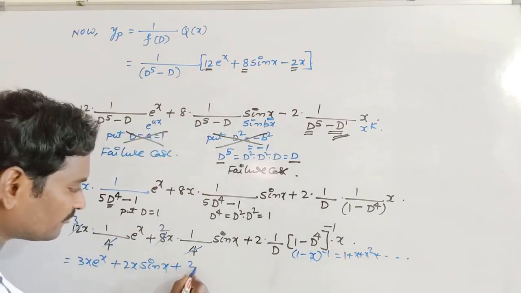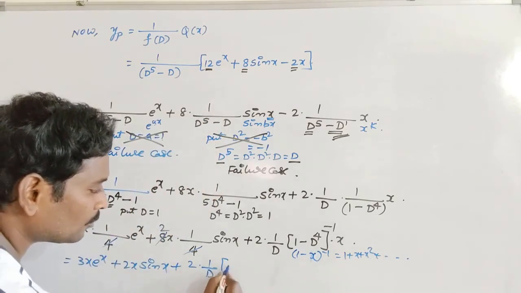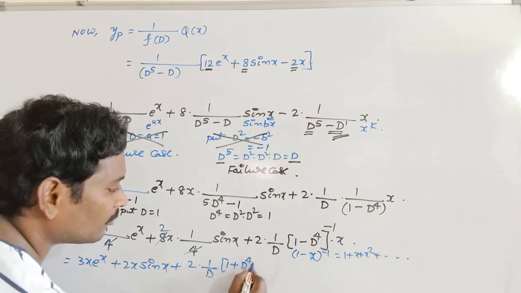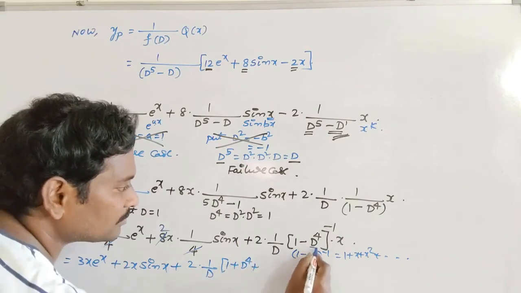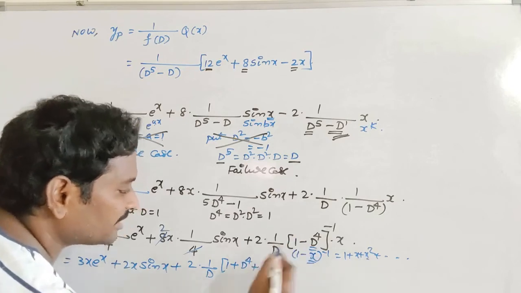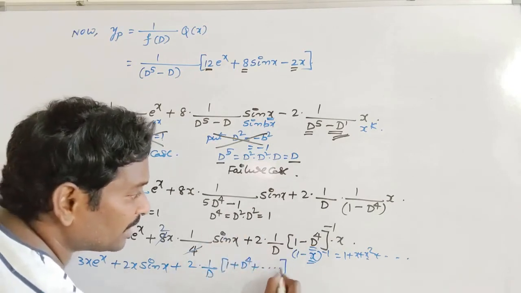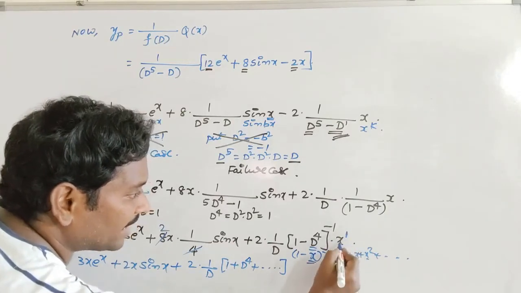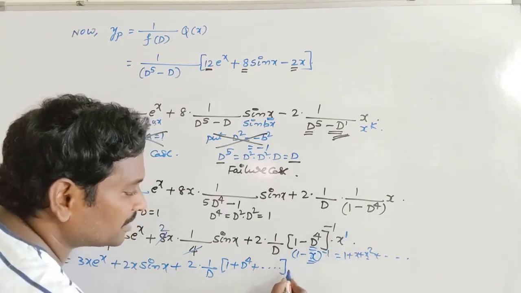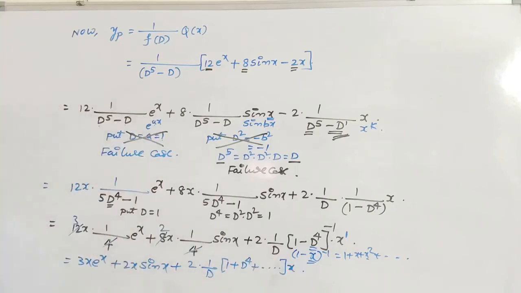So 2 times 1 by D into (1 plus D power 4). Here we have x is equal to D power 4. x square means D power 8. It is not necessary to write that term and so on, because here x is the first degree term only, into x. See the simplification now.